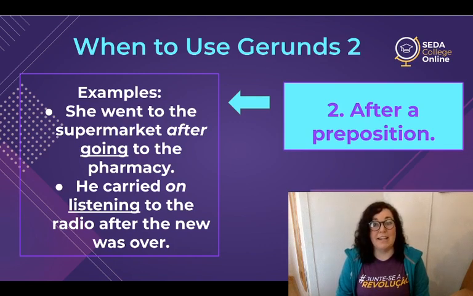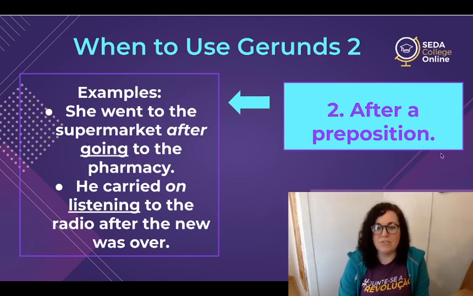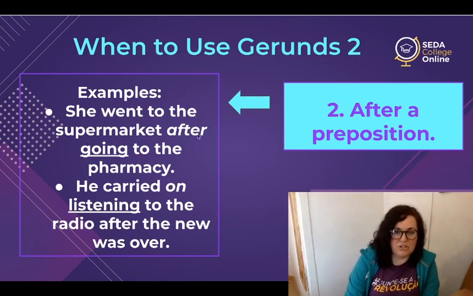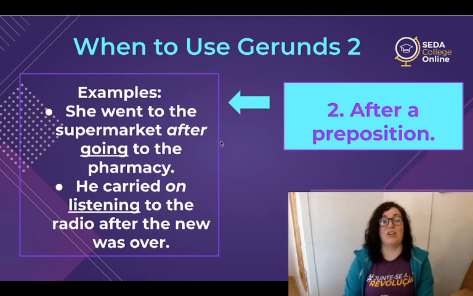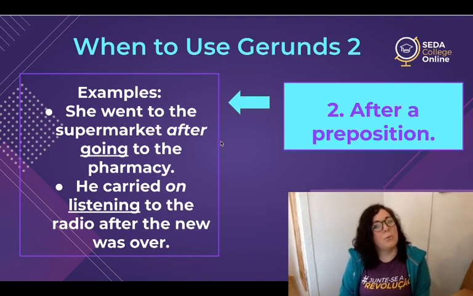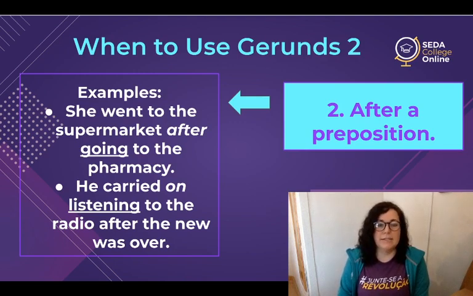So let's take a look at some of our examples. She went to the supermarket after going to the pharmacy. So after a preposition, we have the preposition after, and then we have going to. We have to as well, but the going there is in the gerund form. She went to the supermarket after going to the pharmacy. All right.